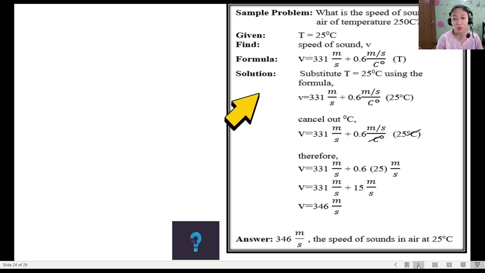So, ang makukuha natin by multiplying is 15 meter per second kasi natanggal na nga yung Celsius. And then 15 meter per second, same na sila ng 331 meter per second na unit, then we get 346 meter per second. That's the speed of sound in air at 25 degrees Celsius.